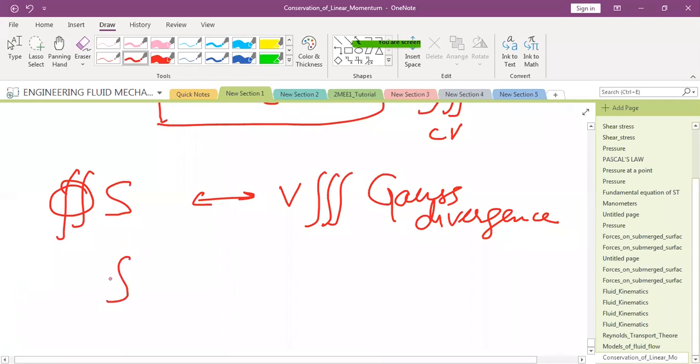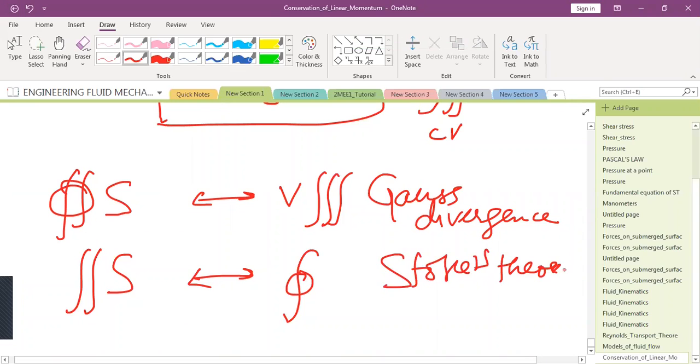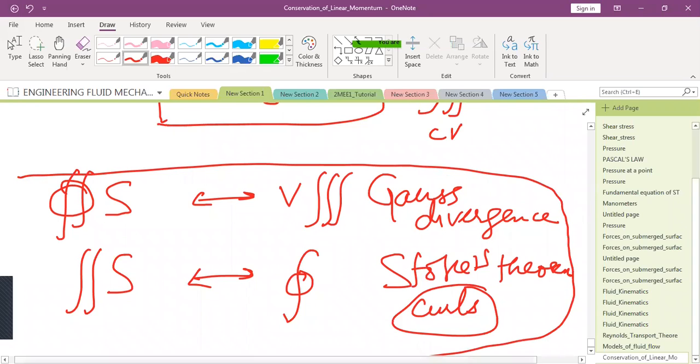From a surface, not closed, to a closed line integral is Stokes curl theorem, the fundamental theorem of curls. Yes. So please remember this. And you know what the statement is: the integral of a derivative over some region in space is equal to the value of the function at the boundaries. So that is as simple as that.